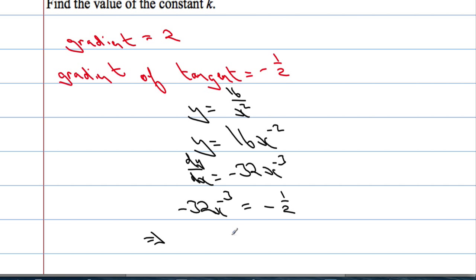So I'm going to multiply both sides by negative 2, and we get 64 x to the negative 3 will equal 1.